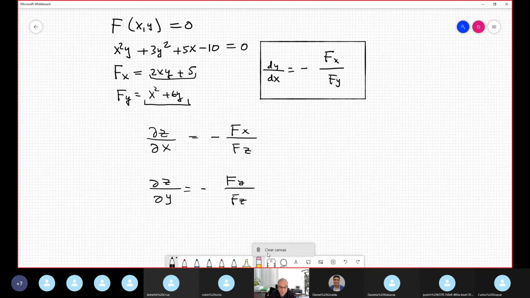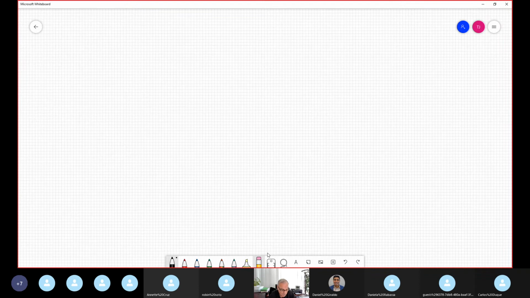Suppose this example: x e to the y plus y e to the x minus 2x squared y equals 0. We need to find dy/dx, like in Cal 1, but using the tool of Cal 3.